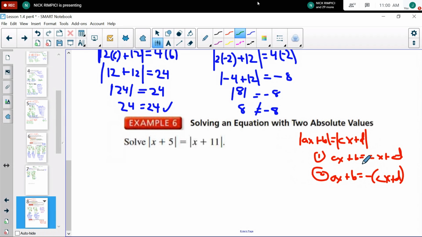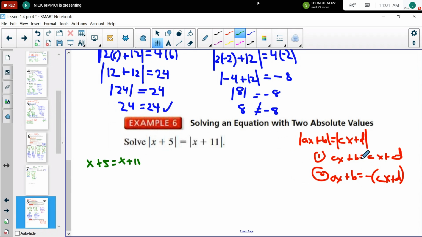At this point, you have to be comfortable with when you undo absolute value, it results in two equations. Not one, two. So the first equation is going to be x plus 5 equals x plus 11. That's easy. There's nothing to do. I just take away the symbols.